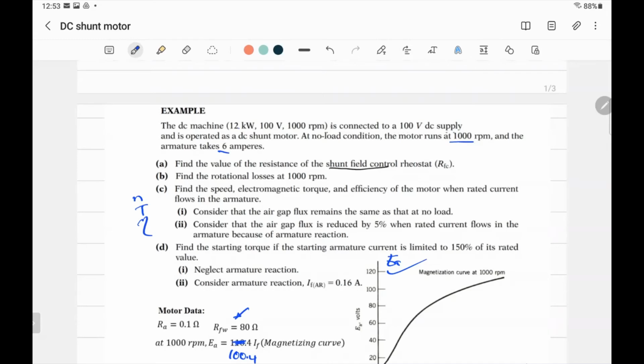It said to consider that the air gap flux remains the same as at no load, no change of the flux. In the second part, it's affected by armature reaction and will be reduced by 5%. I will do part 1 for you, and you do part 2. The difference between both is just that the flux will be reduced by 5%, and I'll tell you how to do it. Anyway, let me just focus now on finding the speed, the torque, and the efficiency of the motor when rated current flows in the armature.